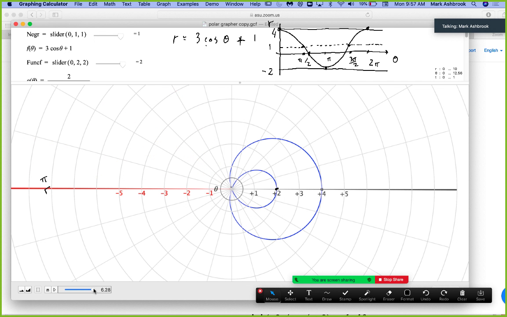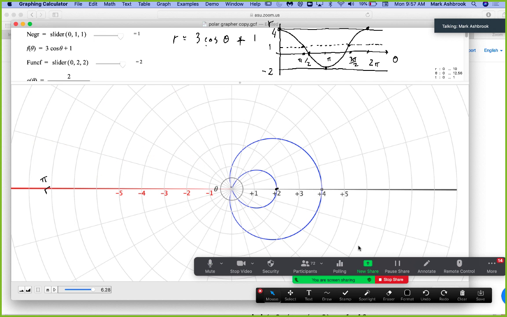All right, let's try another example. Let's do 5 sine 2 theta. So we're going to do the graph of 5 sine 2 theta.